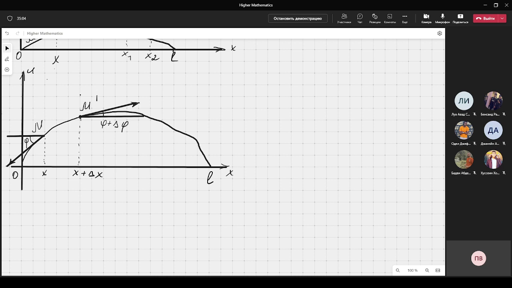Let the tangents form with the x-axis angles phi and phi plus delta phi. Then the projection on the u-axis of force acting on the element m prime will be equal to T times sine of phi plus delta phi minus T times sine of phi.